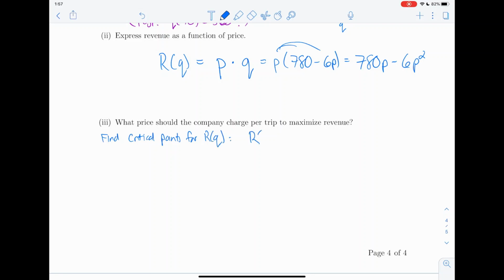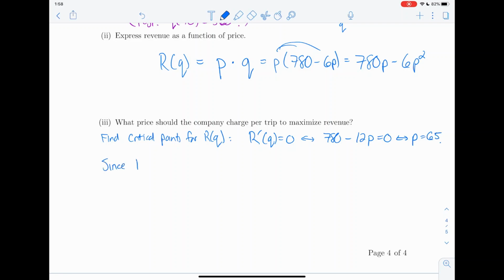For starters, we're going to do R prime of P is equal to 0. That occurs if and only if differentiating the revenue function will give me 780 minus 12P is equal to 0. But of course, if I solve that, I'm getting P is equal to 65.